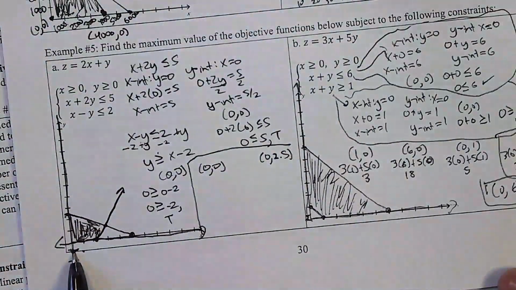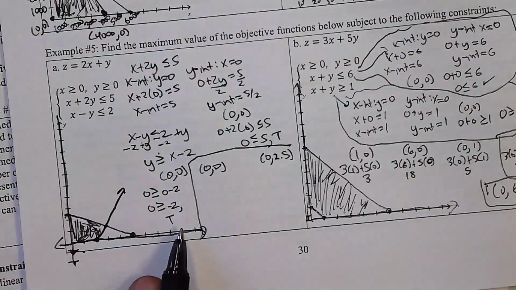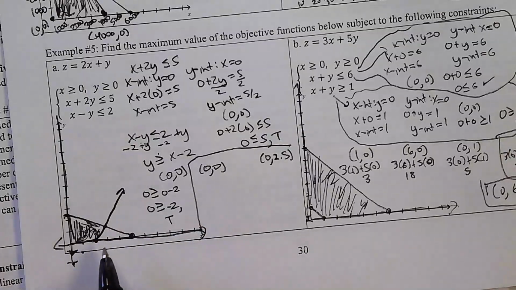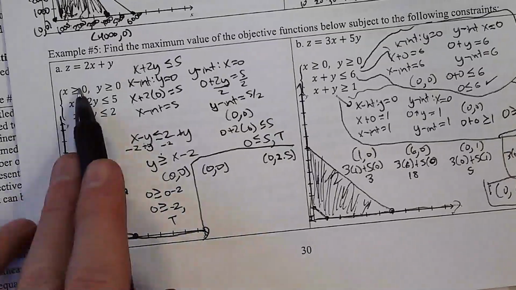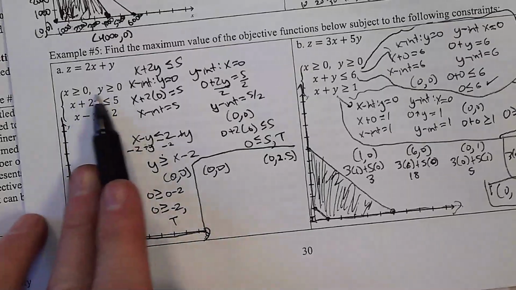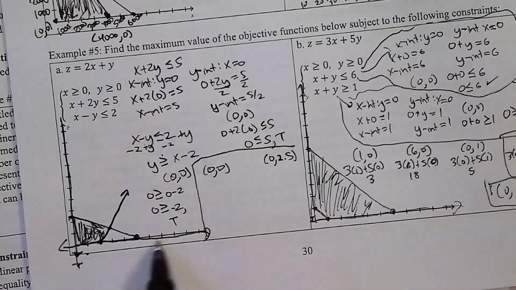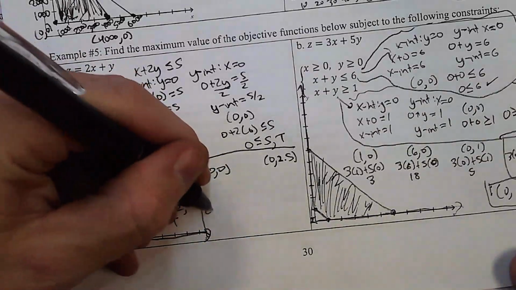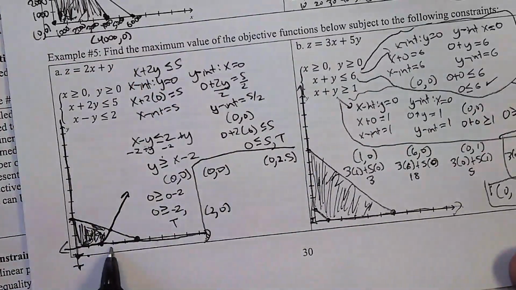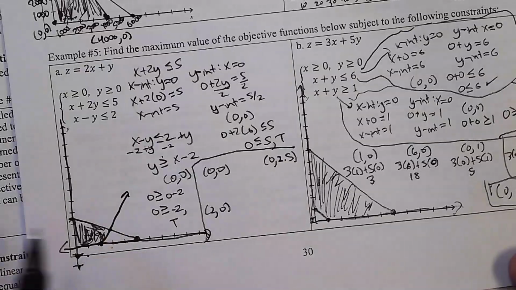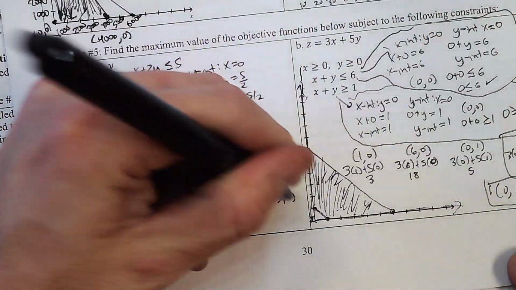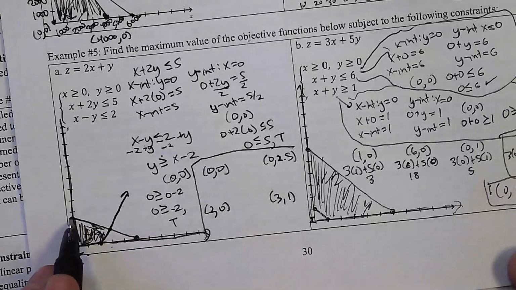Now, the problem with 0, negative 2 is it doesn't go below there because y is greater than or equal to 0. So that keeps it above. These two keep it in the first quadrant. So it's got to be above here and to the right of that one. We've got this one, which is 2, 0. We've got this one, which is 3, 1. So those are my 4 vertices.